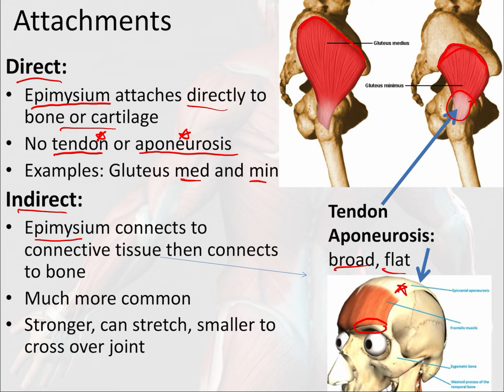That's where we have the epimysium connecting to connective tissue, a tendon or aponeurosis, and that then connects to the bone. These are much more common, stronger, can stretch, and help us to cross over tricky spots like joints. So those are the two options for attachments, but indirect are much more common.